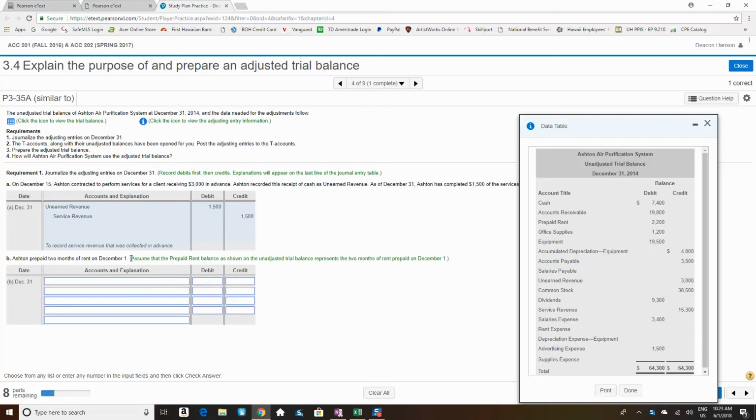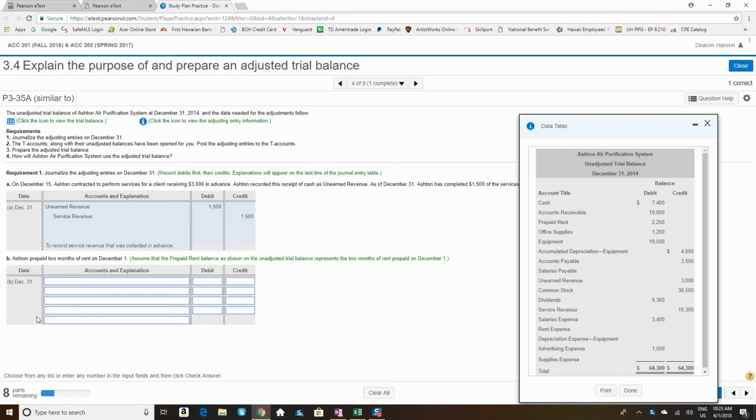You leave it there in an asset called prepaid rent. And by the way, that's what we call a deferred expense. So that asset, prepaid rent, is a deferred expense. It's an amount sitting there waiting to be turned into an expense. So as the months go by, you'll move it out of prepaid rent and put it into rent expense.